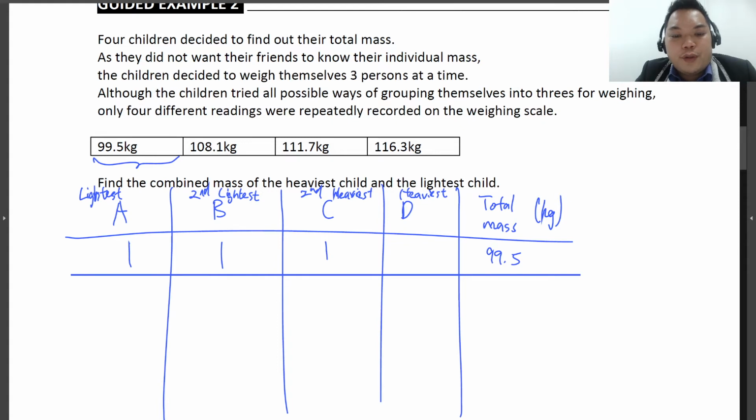Divide by 4? No, later I'll explain. Okay, Kayla, you summing up everyone is correct, but later I'll explain the idea. So once you have this already, what can you say about this 108.1 kg? How can we obtain 108.1 kg then?